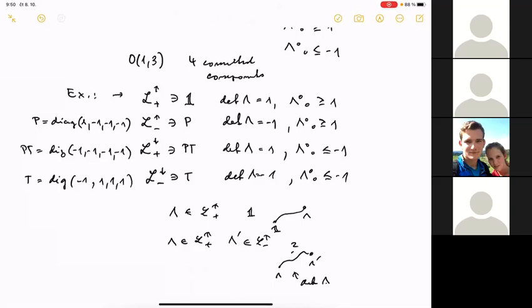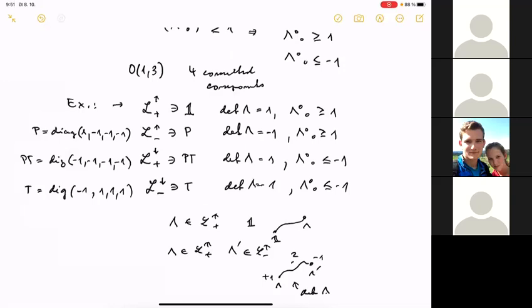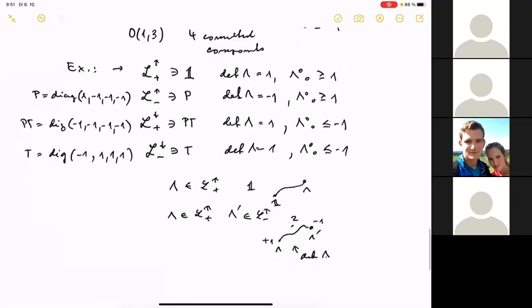But here we have determinant lambda plus 1, and here we have determinant lambda minus 1, and we cannot simply jump from the discrete value plus 1 to the discrete value minus 1. And an analogous situation holds between the other components of the Lorentz group.